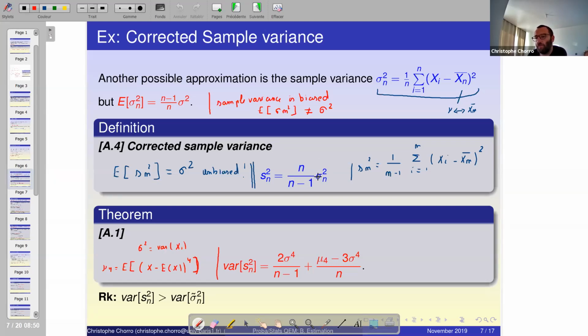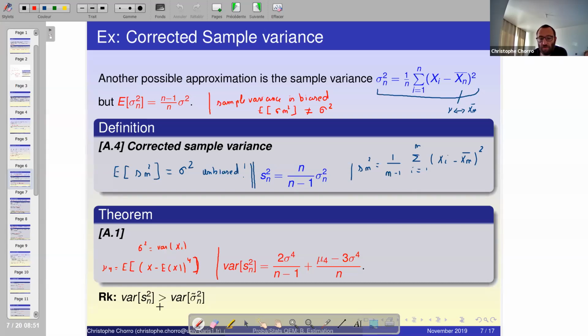And if I want to compare them through the mean square error criteria, I see that the mean square error of the corrected sample variance is, of course, strictly greater than the mean square error of the ideal sample variance, for sure. But keep in mind that we can't use the ideal one in general in practice, because I don't know mu.